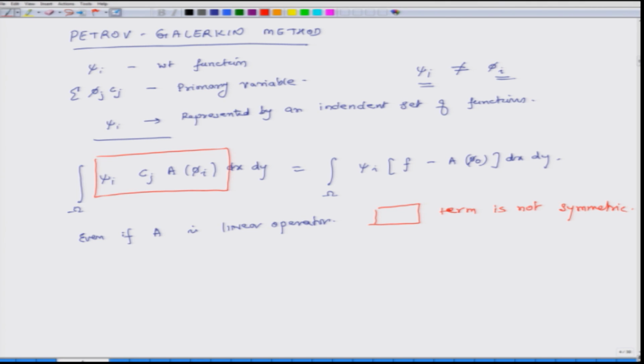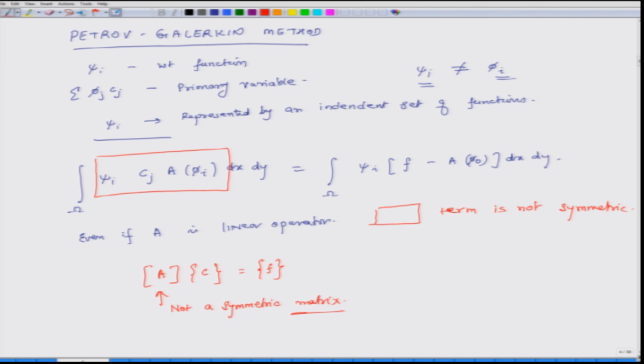When I construct my matrix, I will get some A matrix times the unknown constants C equal to some forcing vector F. This will not be a symmetric matrix. So in the Petrov-Galerkin method, the A matrix need not necessarily be symmetric.